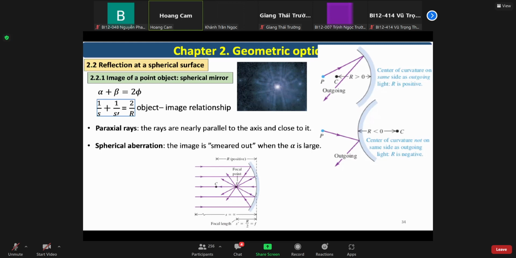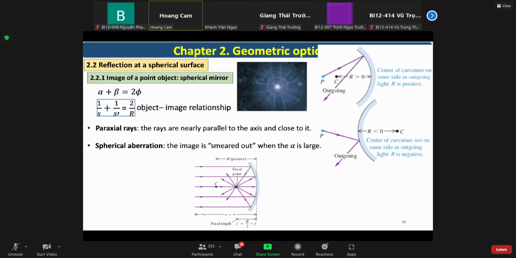Now we want to discuss in detail which sign rules we use to have this kind of assumption. If you don't like that, you can make a new assumption, like I want the convex mirror in which the radius will be positive. Okay, you change the convention.